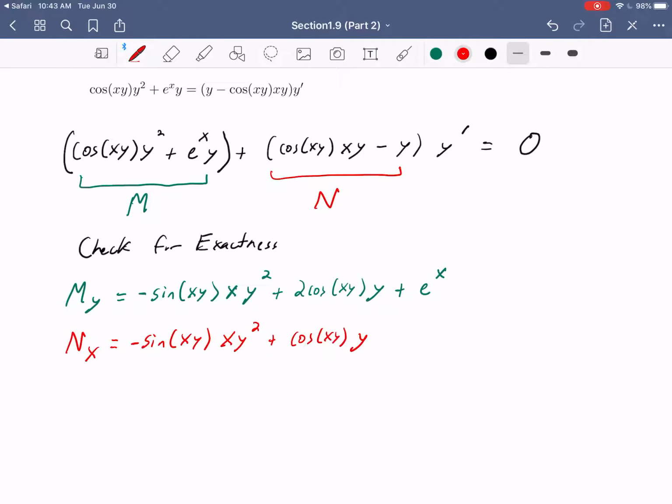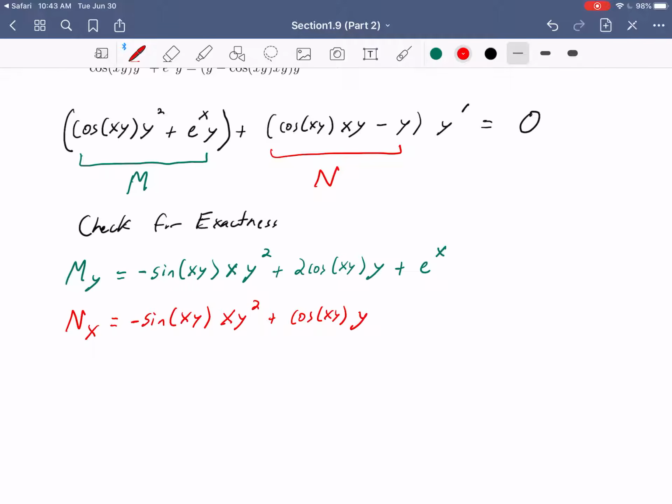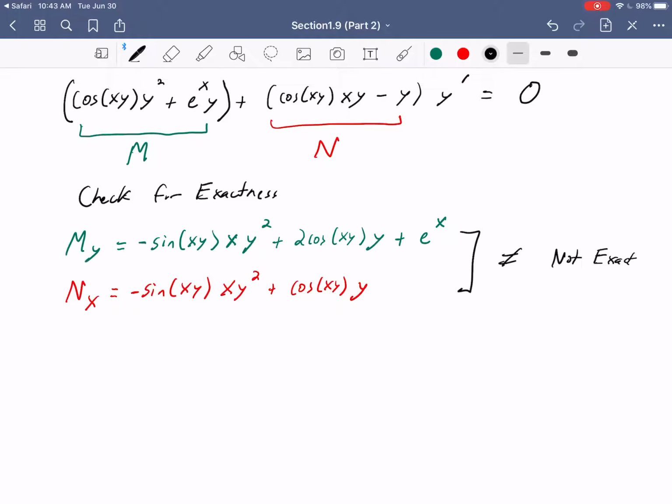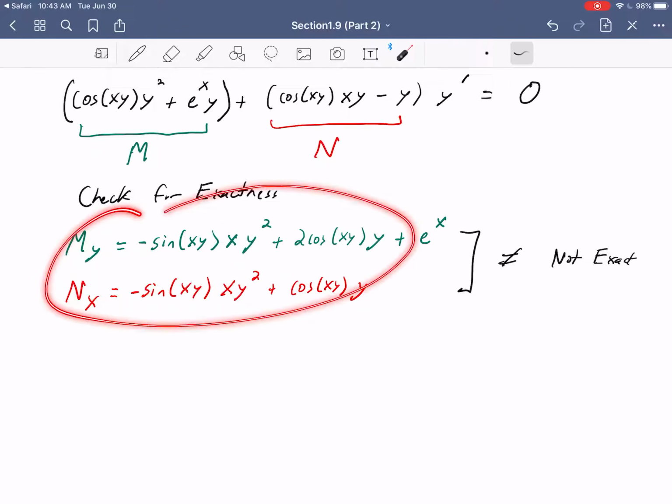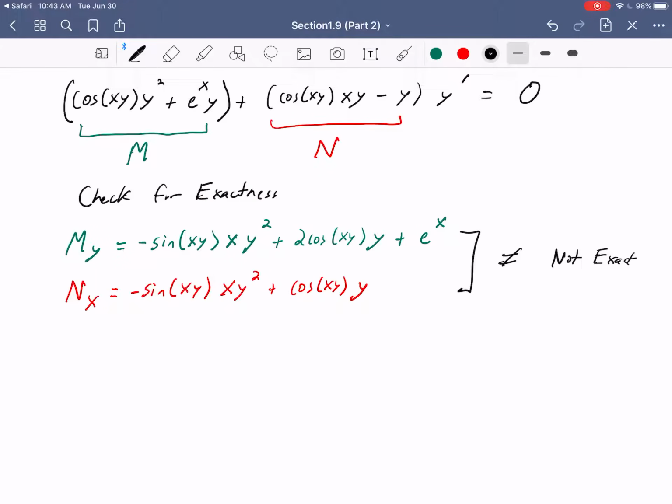And then we differentiate the negative y at the end, but since we're differentiating with respect to x, that drops out. So there we go. It's pretty clear that these two things are not equal to each other. So it is not exact right now, as expected, because that's what we're trying to work on here. Okay, so let's measure in some ways how non-exact it actually is.